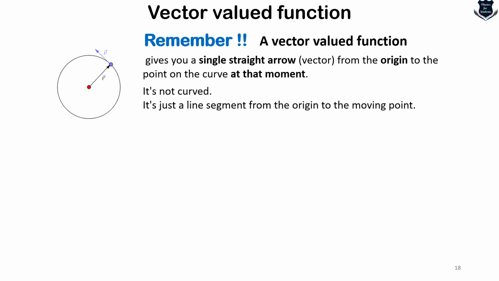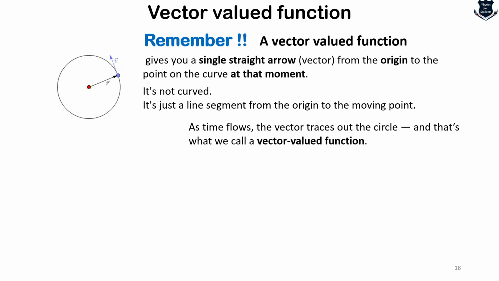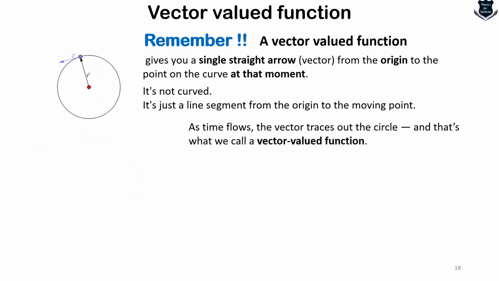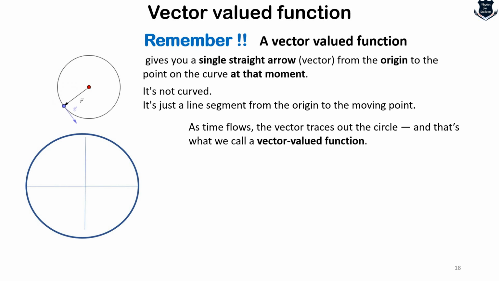So at any point, for example, on the left hand side of your screen, as you can see the circle which is animating and going around, the time flows and the vector traces out the circle. At any point of time, if I stop, say for example, I stop this curve, right? What I will get is only a single straight line. So for example, I have stopped this circle at t equals pi by 4.